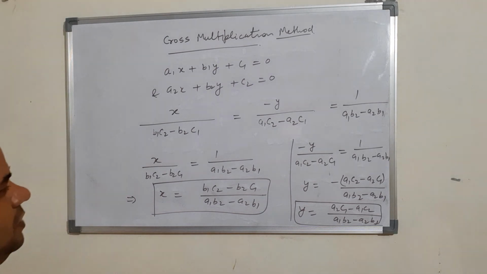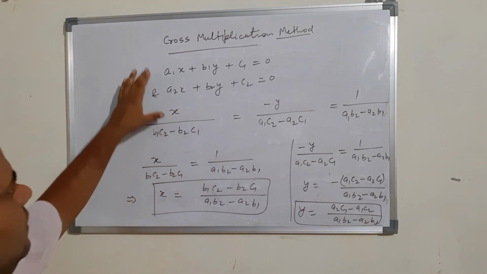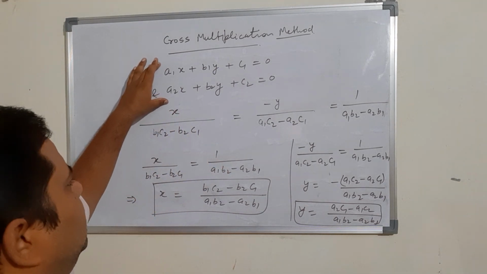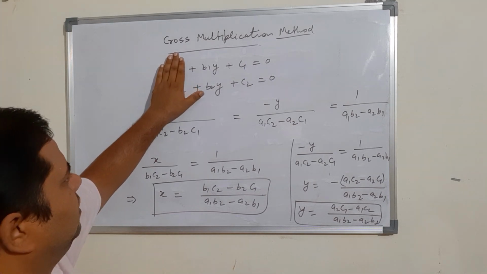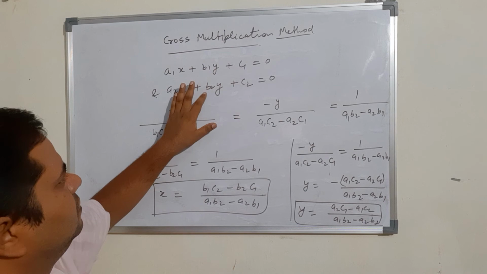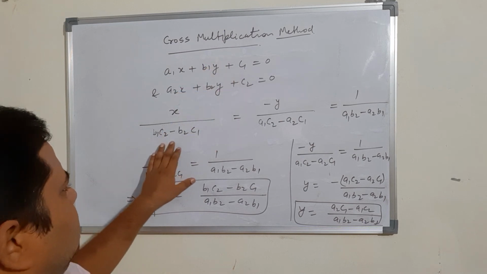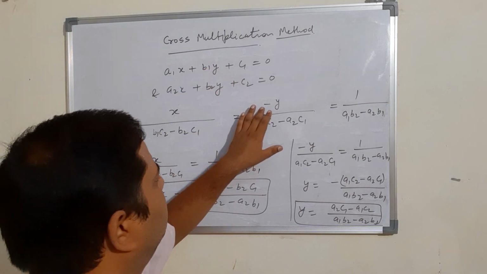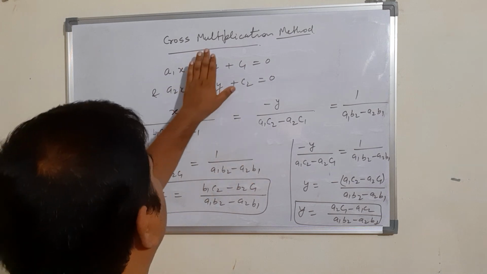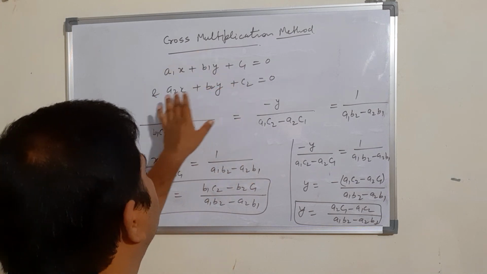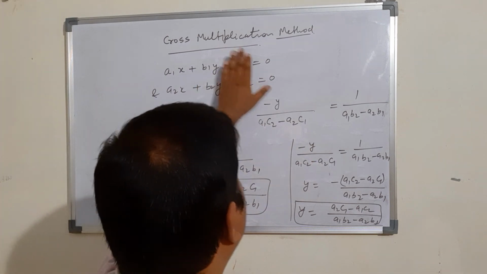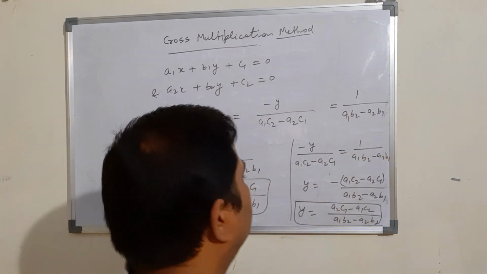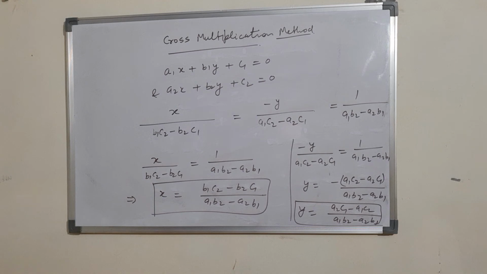Again you see, these are the pair of linear equations. So x upon b1 c2 minus b2 c1, minus y upon a1 c2 minus a2 c1, and 1 upon a1 b2 minus a2 b1.